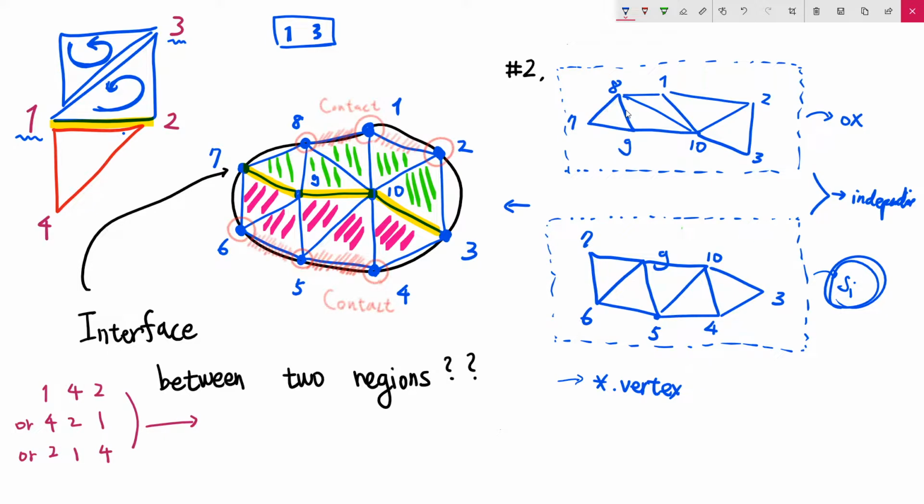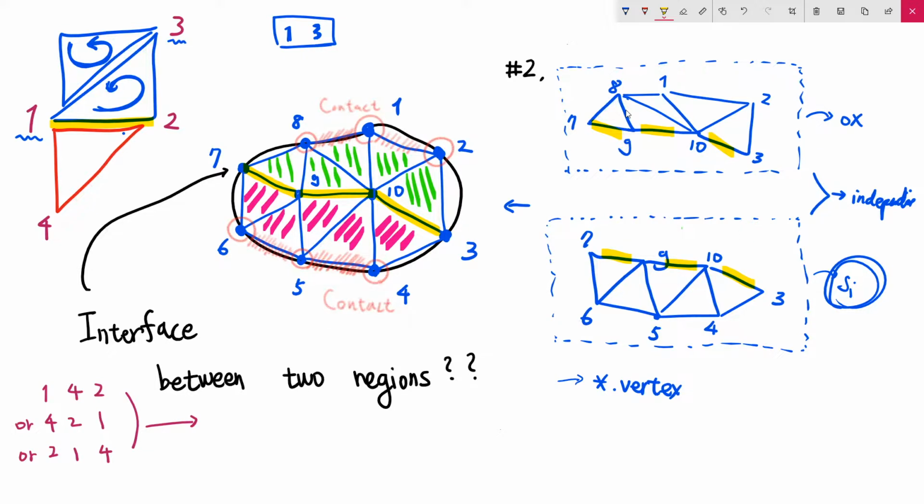So they are not connecting to each other. We have no information about that. Only when we realize that this edge, this edge, and this edge, or this edge, this edge, this edge are shared between region 1 and region 2, then we can realize that, oh, they are connecting to each other.